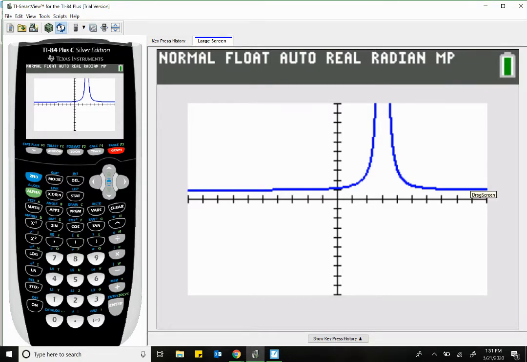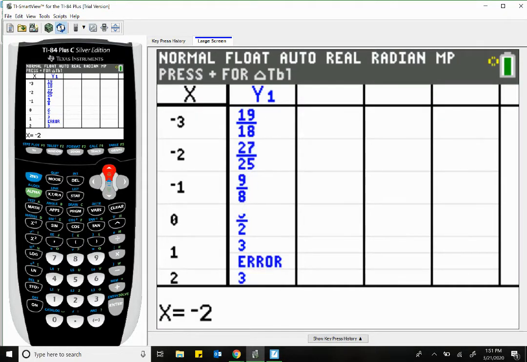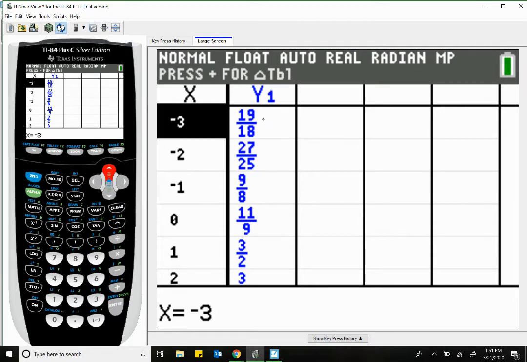I know it looks like it's at the number 1, but I promise you it is not actually at 1. It is just a little bit above it. If you don't believe me, go right into your table and you can see that all these fractions are bigger than 1. They're not actually at 1. It's going to get really, really close to 1, but it ain't going to touch it.